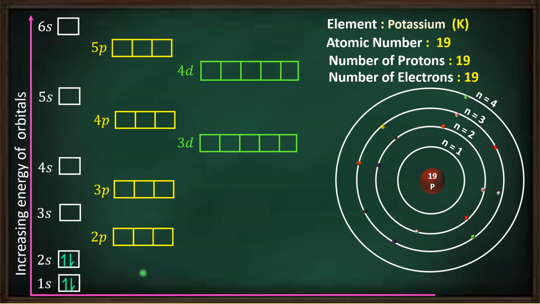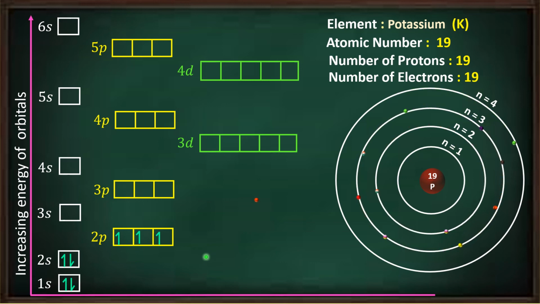Next, fifth electron, say this one, occupies one of the empty orbitals of 2p, and sixth electron occupies another empty orbital of 2p. Next, seventh electron occupies the third empty orbital of 2p, isn't it?